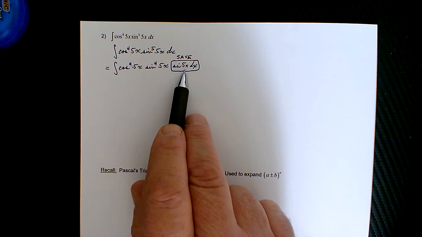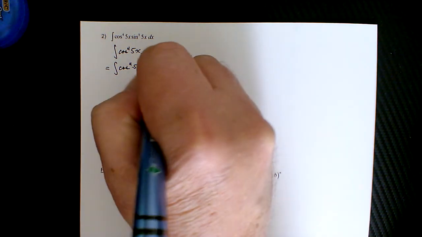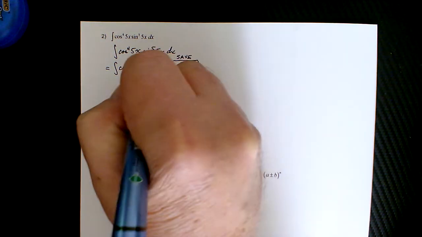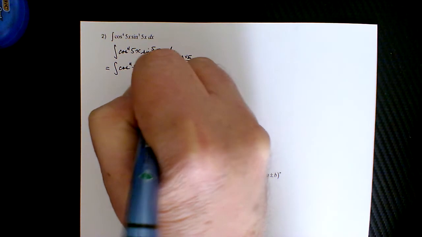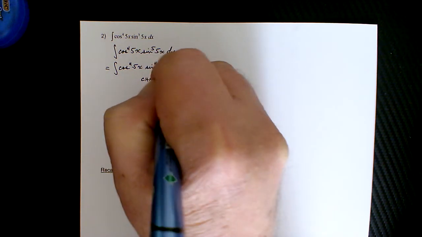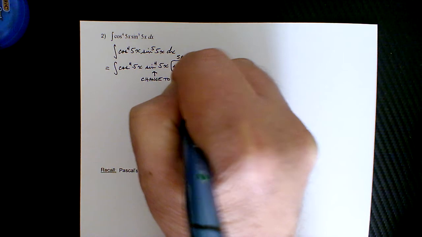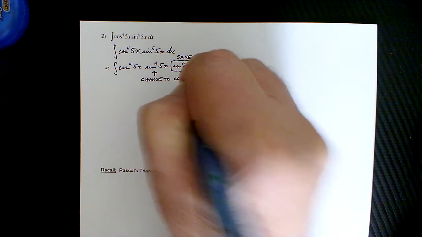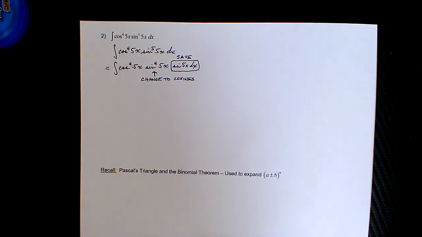And that, of course, is cosine. So therefore, if we could change the remaining factors of sines to cosines, we'll be able to start the u substitution process.